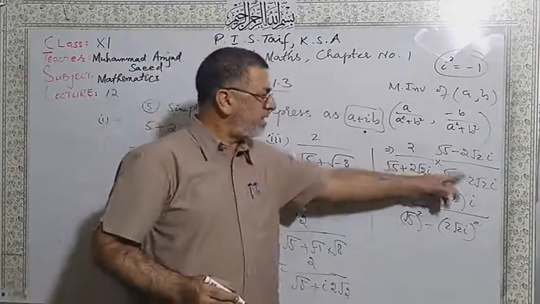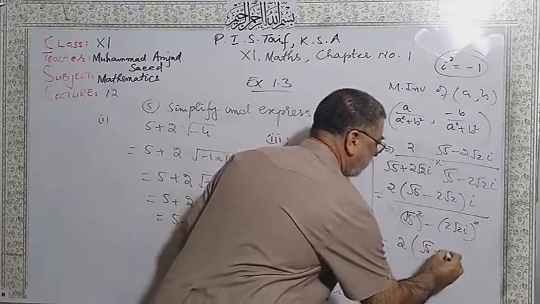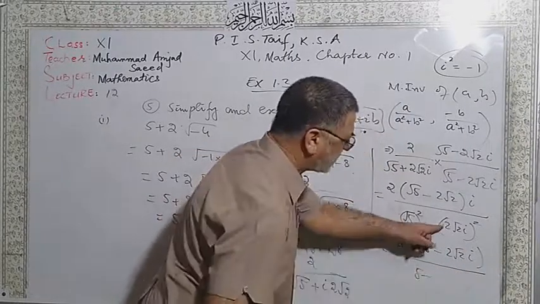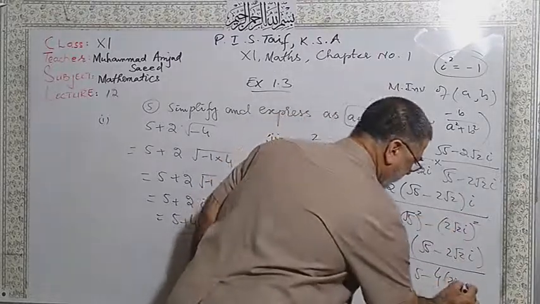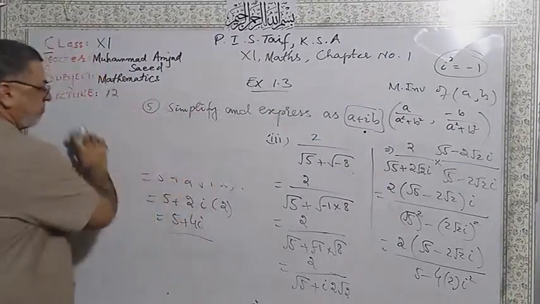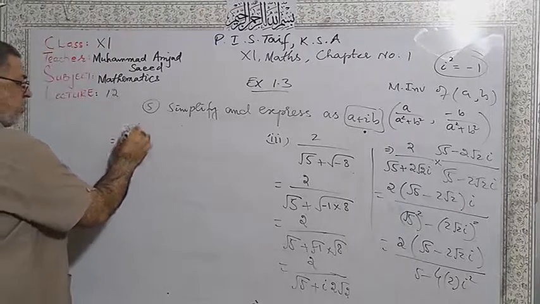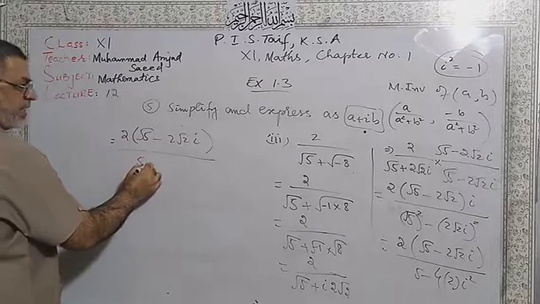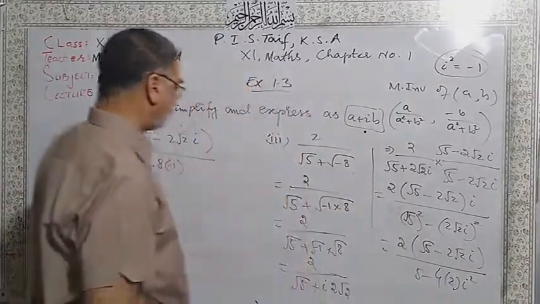Actually this is a plus b, a minus b, a square minus b square. The denominator is 5 minus 4 into 2 into iota square. Remember that iota square is minus 1, so it becomes 5 minus 8 into minus 1.